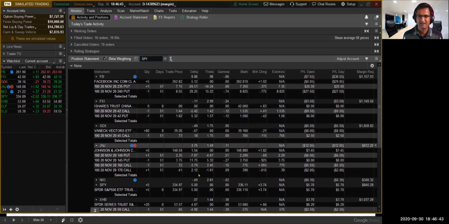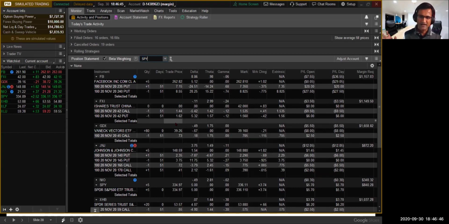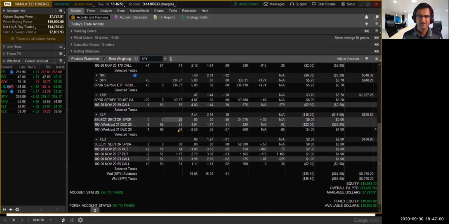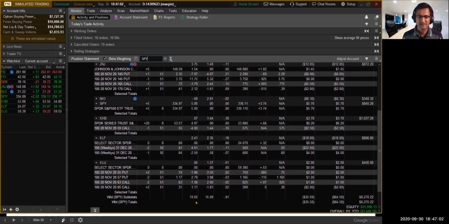Now, after adding all the mumbo jumbo, it is giving me one number which tells me the impact of SPY movement on my stock. And that number, this delta, is 19.05. It means the impact of all these positions in my portfolio is as if I am holding 19 units of SPY.